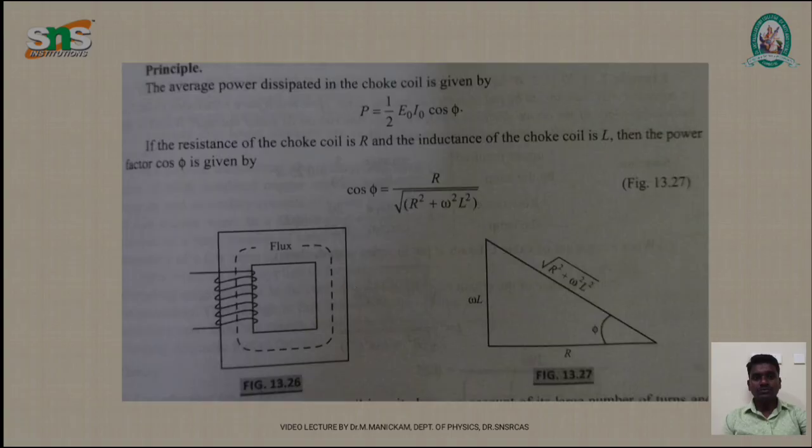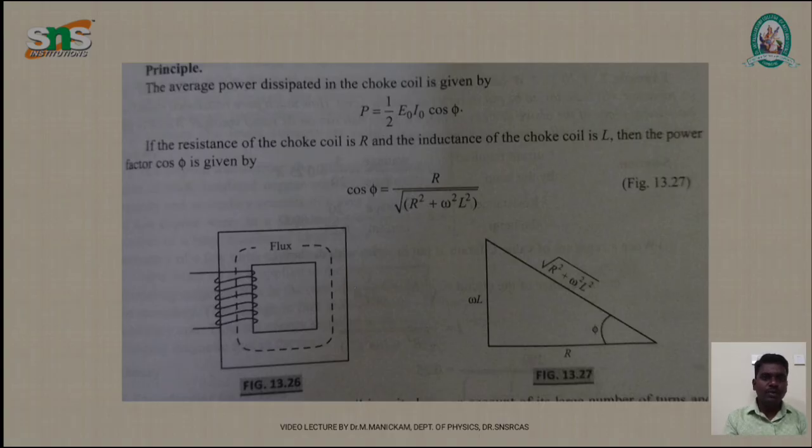This is the equation for the principle, and the block diagram and mechanism of the choke coil. In the block diagram, the copper wire is wound on the iron core. When the energy is supplied, a magnetic flux is generated.